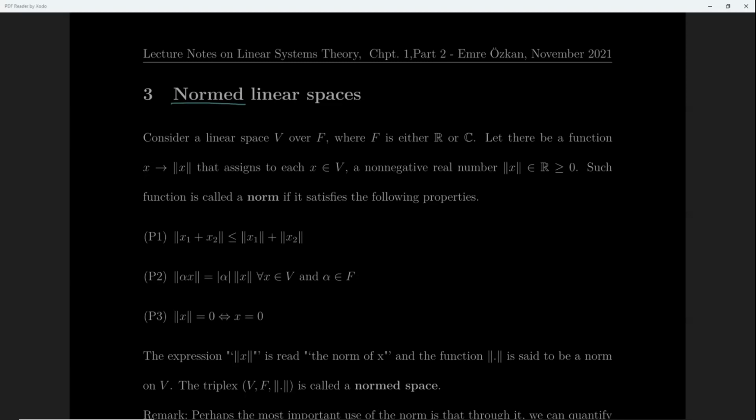And the last property is that the norm of a vector x is equal to 0 if and only if the vector x is equal to 0. Which means that any vector in our vector space other than the 0 vector has a non-zero norm.